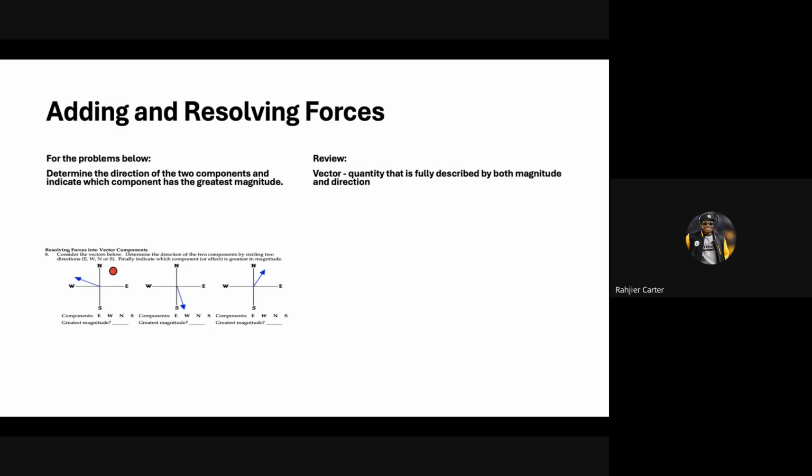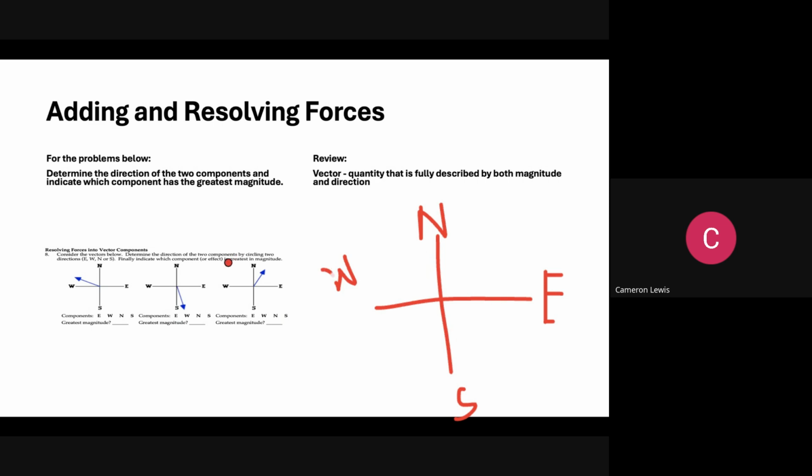So let me just draw it. We have our north, south, east, west. Now this is northwest, northeast, southeast, southwest, right?